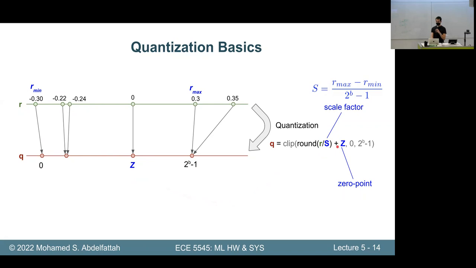And then, to make it even more general, I add the 0 point. So what is the 0 point? The 0 point is very simply the value that I'm going to map my 0 to. Can someone guess what the 0 point here is? Zero?